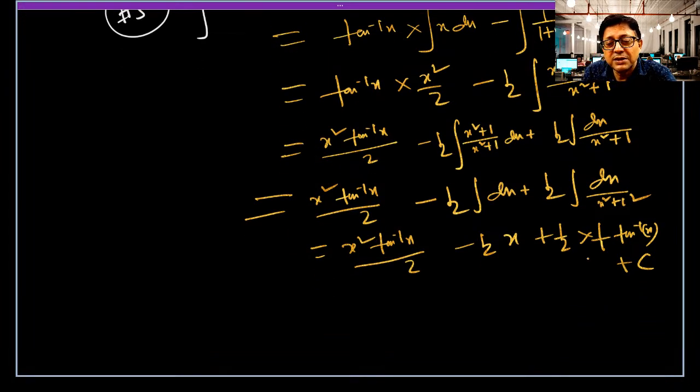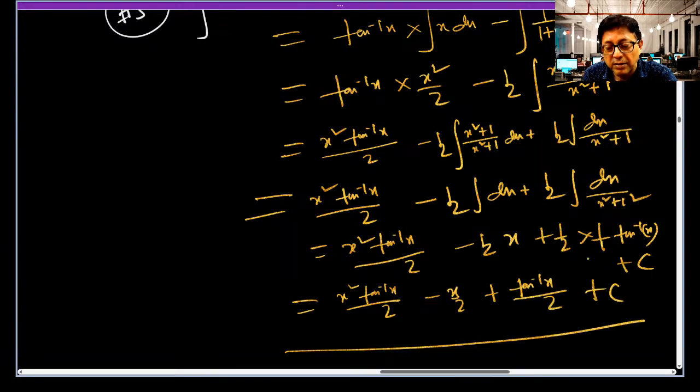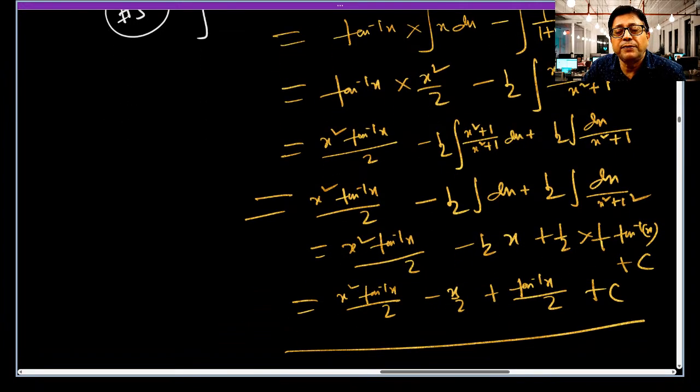So the answer is, okay. So this is the integration of x tan inverse x.